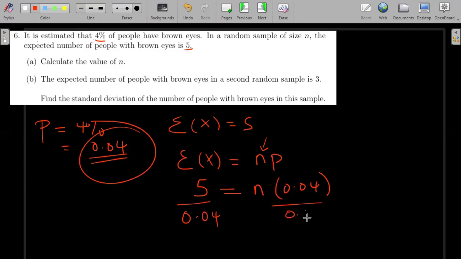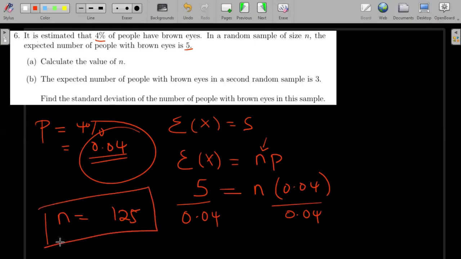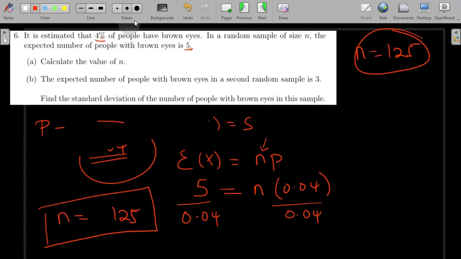So n will be equal to 5 divided by 0.04. We are going to get 125. So n, or the sample size, will be 125, if the expected value is 5 and the probability of success is 0.04.